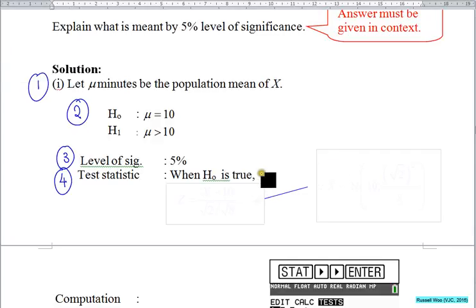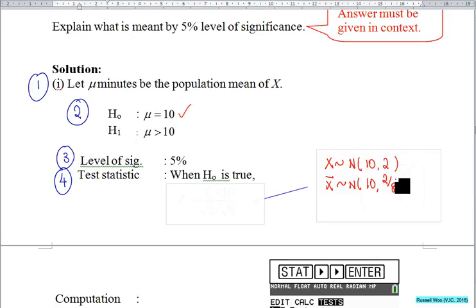If H0 is true, it actually means that X follows a normal distribution with mean 10, variance 2. If this is true, it means the X bar should follow a normal distribution with mean 10, variance 2 over 8. This is from the previous chapter.